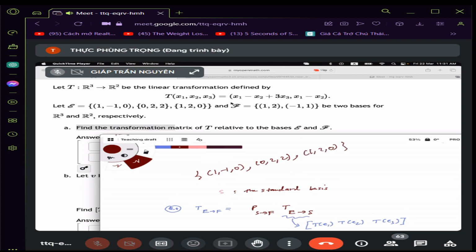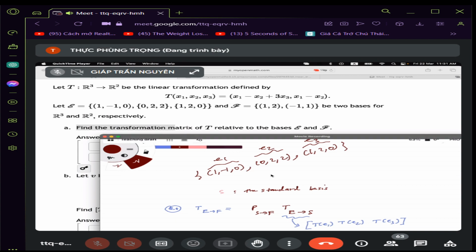This is E1, this is E2, and this is E3. You want to find the matrix of T from E to S. According to the definition, you only need to find T of E1 and you put it into the first column, because the coordinates of T of E1 in the standard basis is exactly the same as T of E1. The same for T of E2 or T of E3, right?